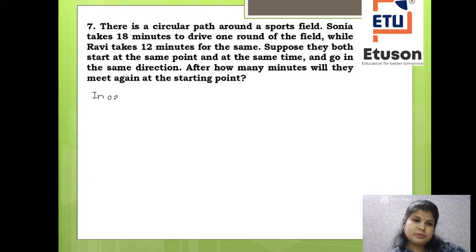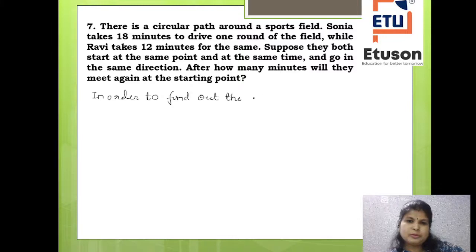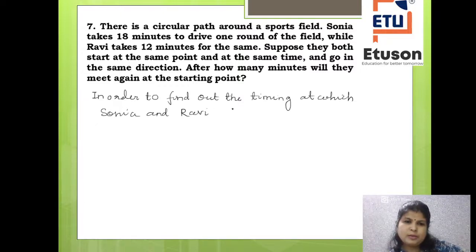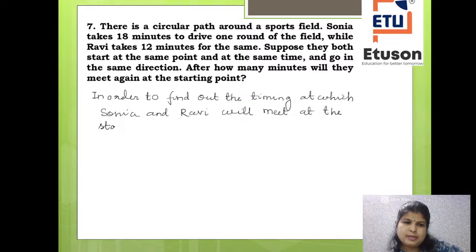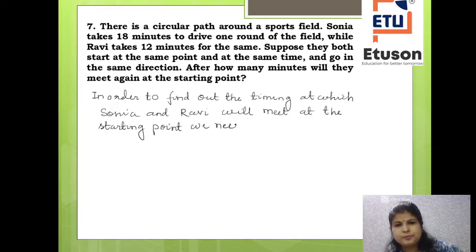So in order to find out the timing at which Sonia and Ravi will meet at the starting point, we need to find out the LCM of 18 and 12.